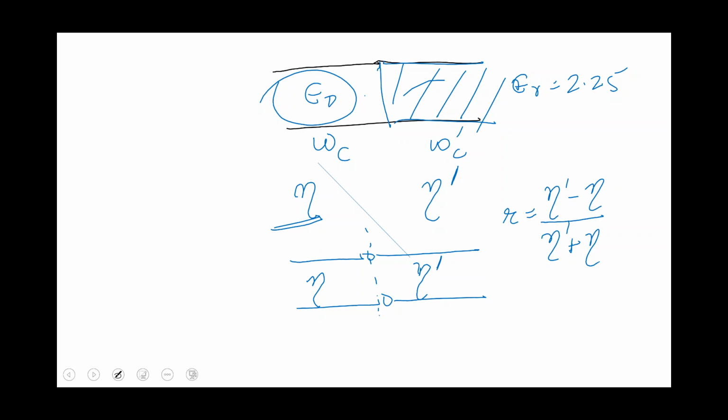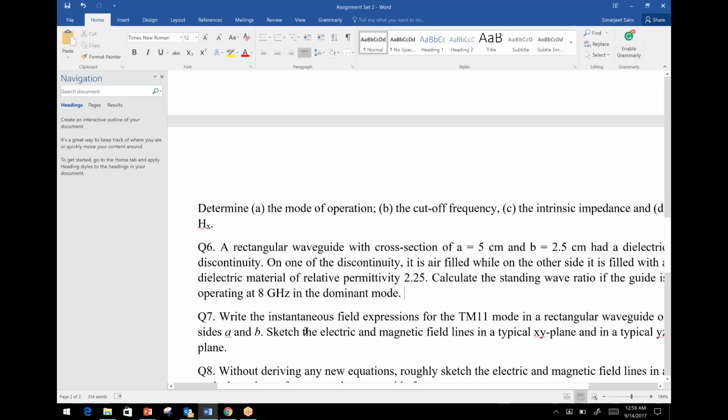That's the reflection you're going to get, and the standing wave ratio is going to be 1 plus r by 1 minus r, as you had seen in your transmission lines. So once you have calculated the impedance of a mode, if the mode remains the same, you can apply everything you did in transmission lines for waveguides. So that is question 6.